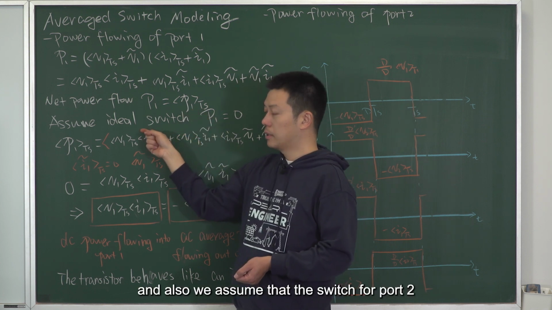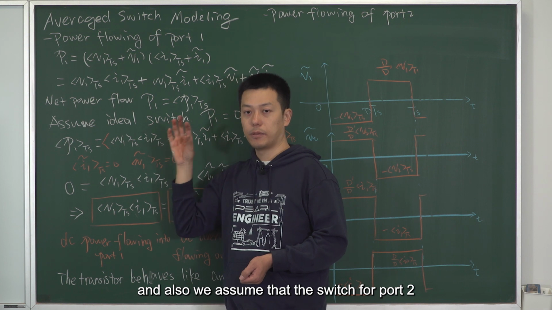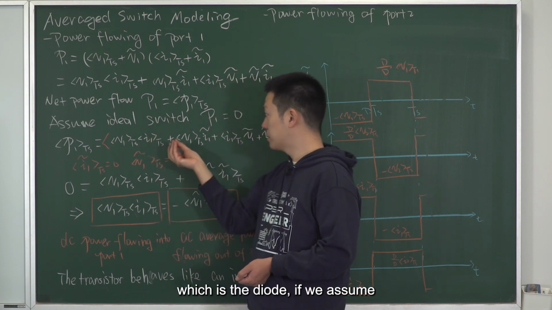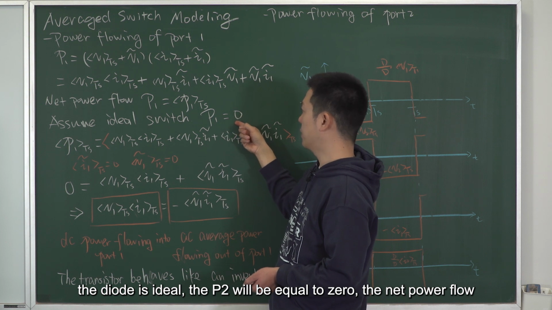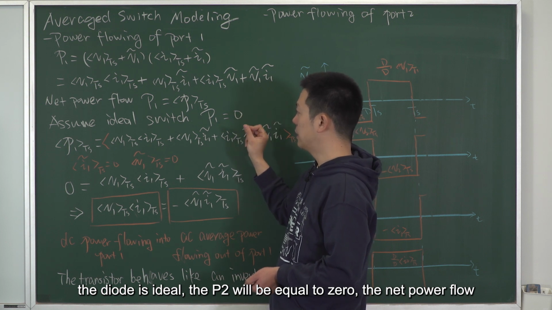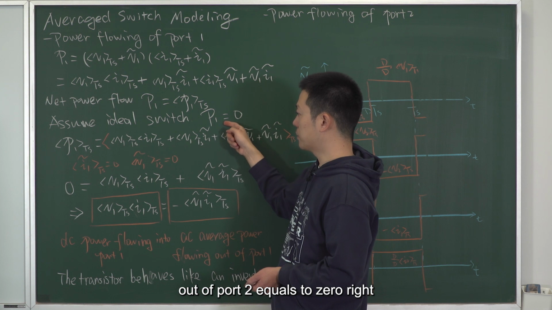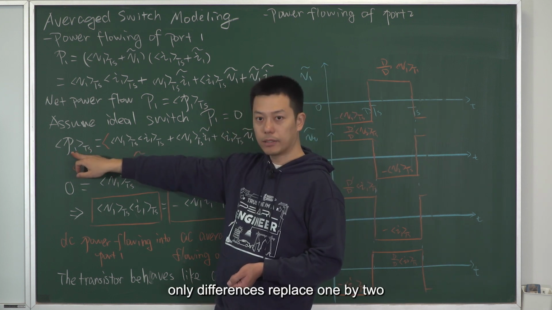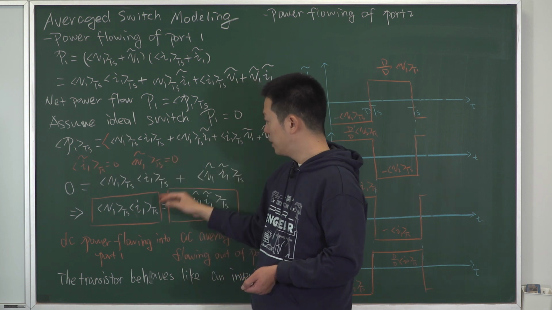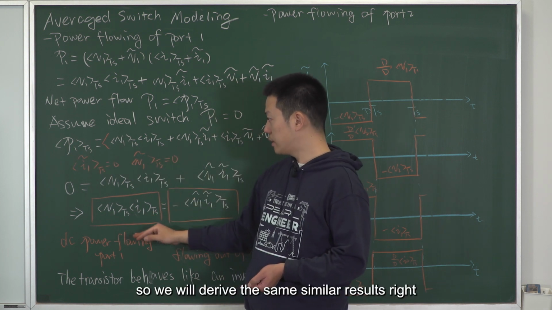And also, we assume that the switch for port 2, which is the diode, is ideal, so the P2 will be equal to 0. The net power flow out of port 2 equals to 0, right? Then we can do the same thing. The only difference is replacing 1 by 2, so we will derive similar results.